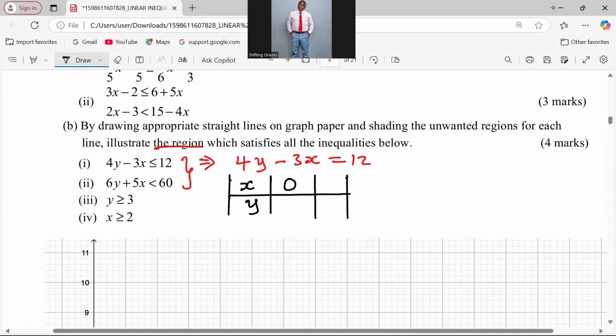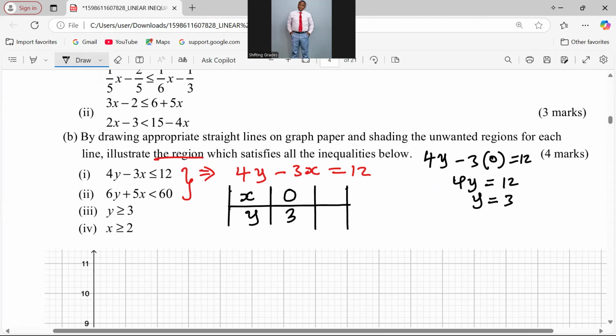So when x is 0, according to the equation above, what is the value of y? So 4y minus 3 times 0 equals 12. So 4y equals 12, and y becomes 3 after dividing through by 4. So that is the y-intercept, which is at point 3.